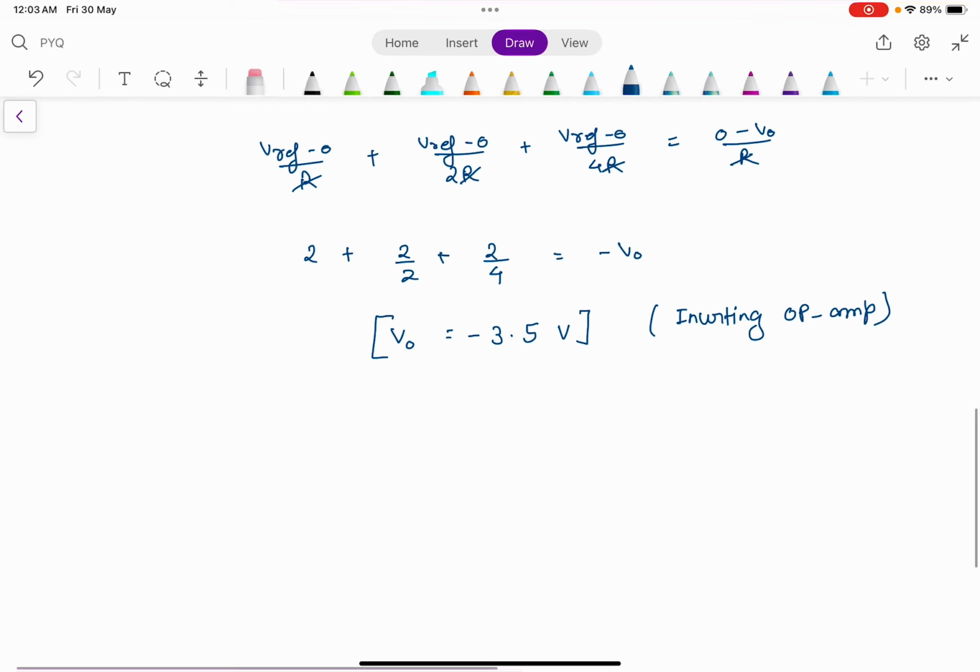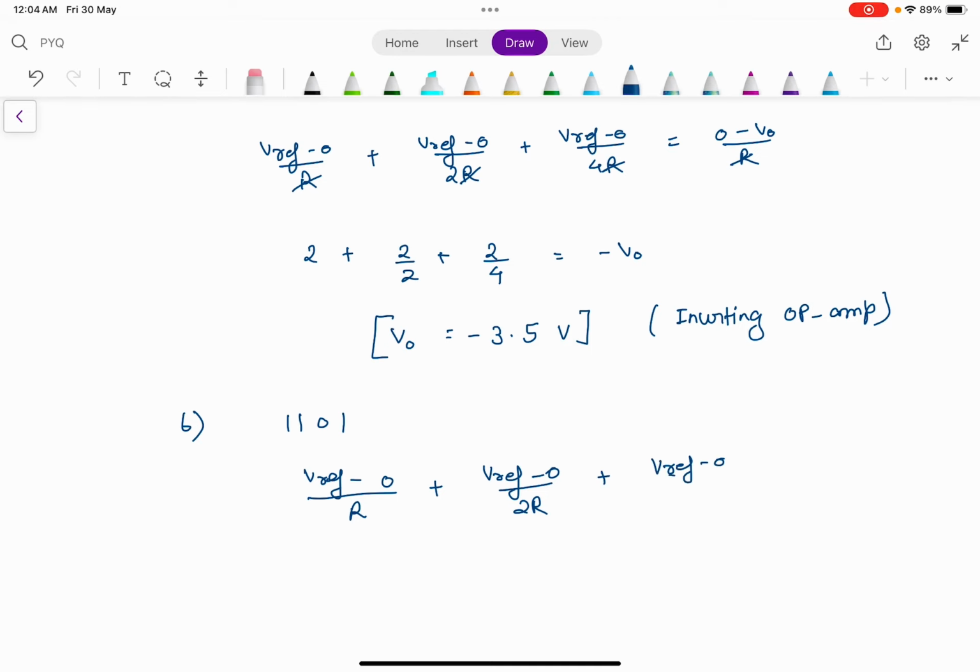And the same we do for 1101: (Vref minus 0) divided by R, plus (Vref minus 0) divided by 2R, plus (Vref minus 0) divided by 8R, equals (0 minus V0) divided by R. Again R gets cancelled out.